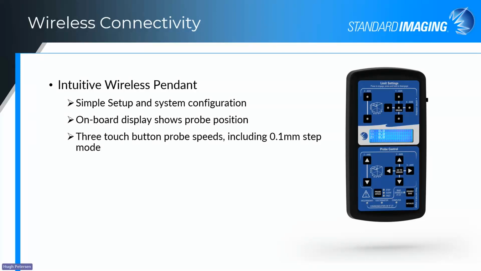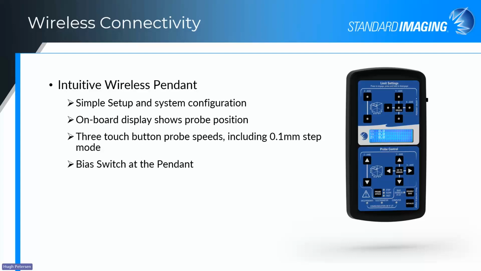You have the choice of either step scanning or continuous scanning with the system as well, and that's a set choice in the software. There's a bias switch at the pendant.